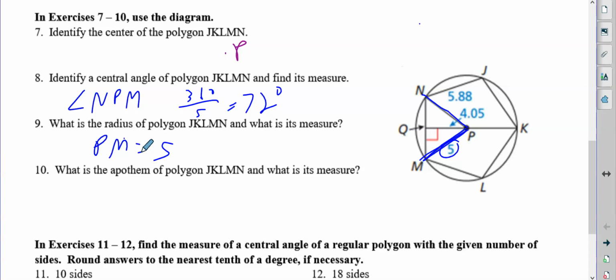Or you could have said PN, doesn't matter. What is the apothem? Okay, well, the apothem, remember, we're talking about the shape now, not the circle. So the apothem is right there. It's QP, and it's 4.05.